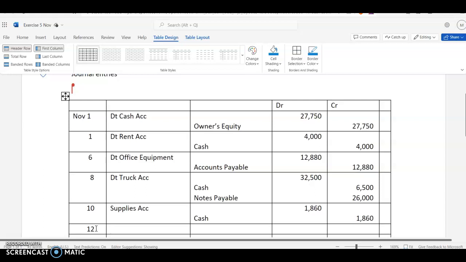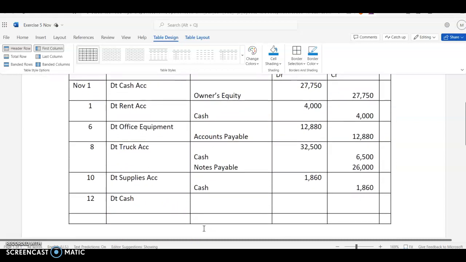So debit cash. Credit fees earned. How much? 7,500.